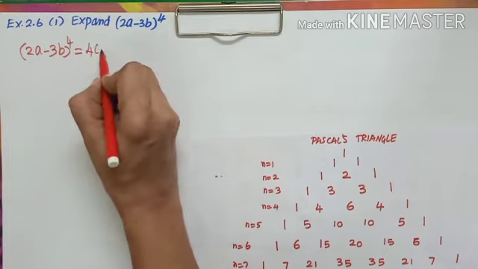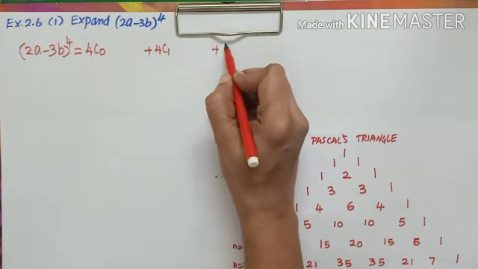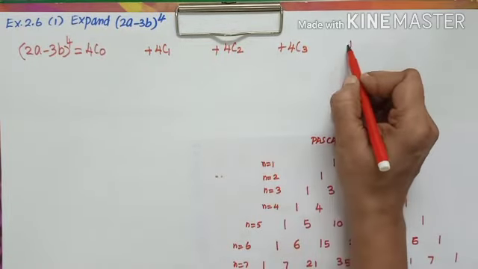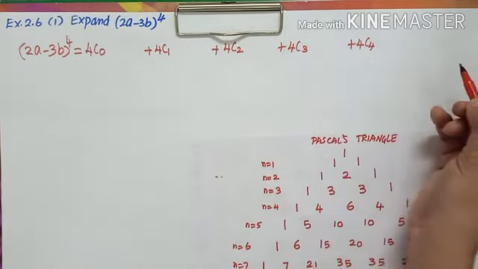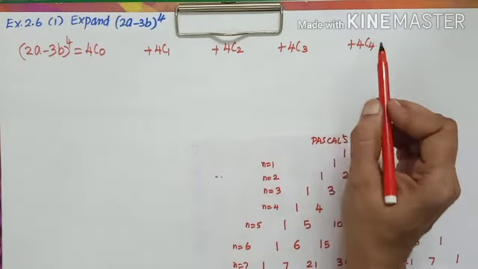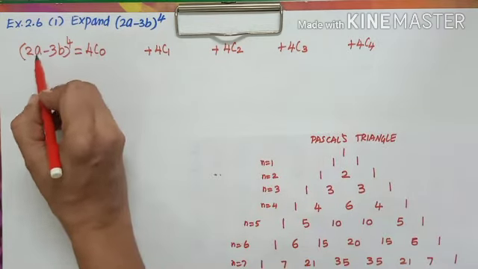First I will write 4c0, 4c1, 4c2, 4c3, 4c4. Can I write further? No. When it is 4, I have to stop with 4c4. Then what is the first term? 2a.